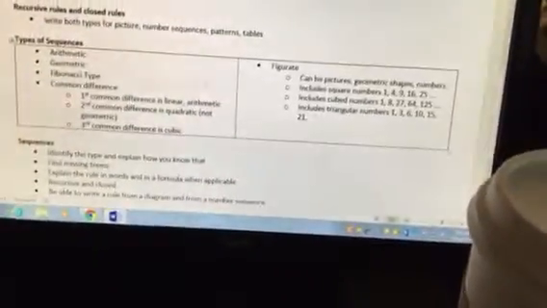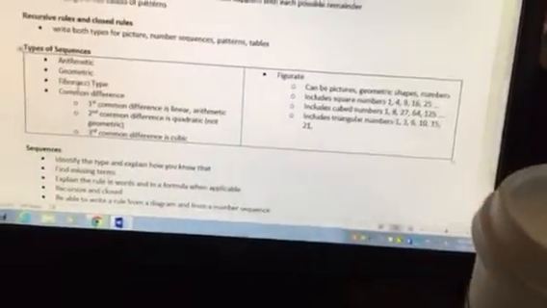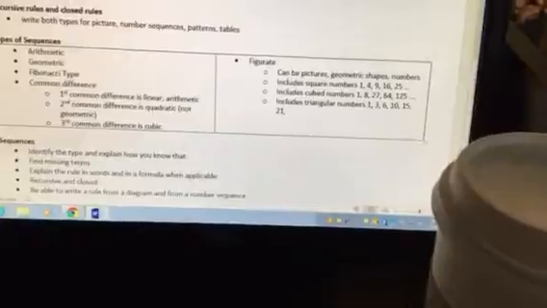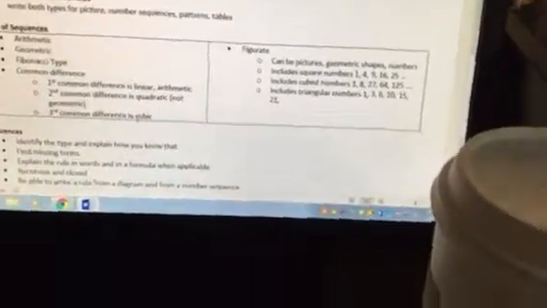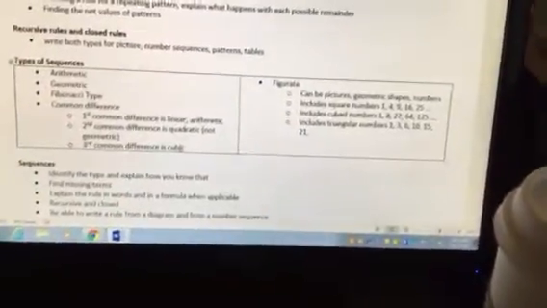Types of sequences. Here they are: arithmetic, geometric, Fibonacci, common difference. Now this linear, quadratic, and cubic, I've said that a little bit. That will come up again later this semester about what that means. What does quadratic mean?